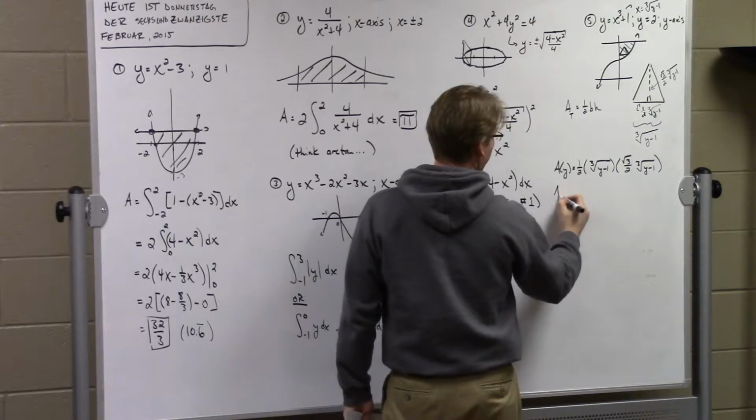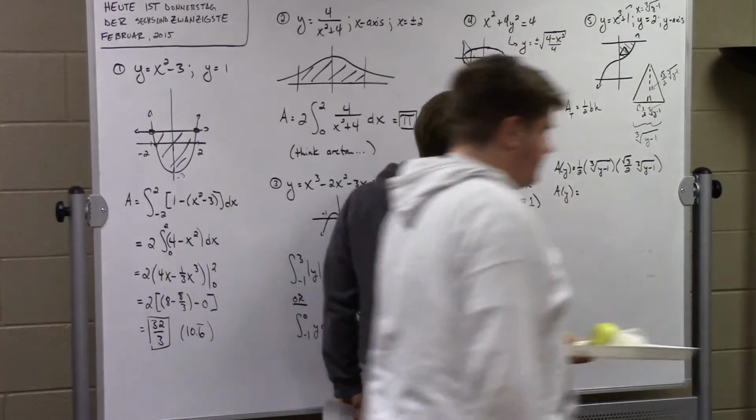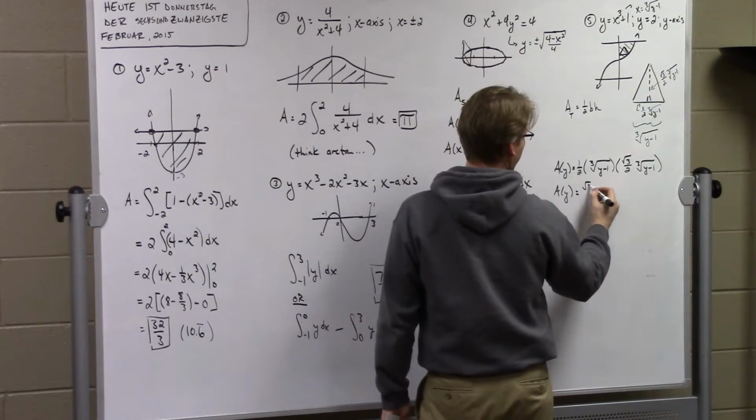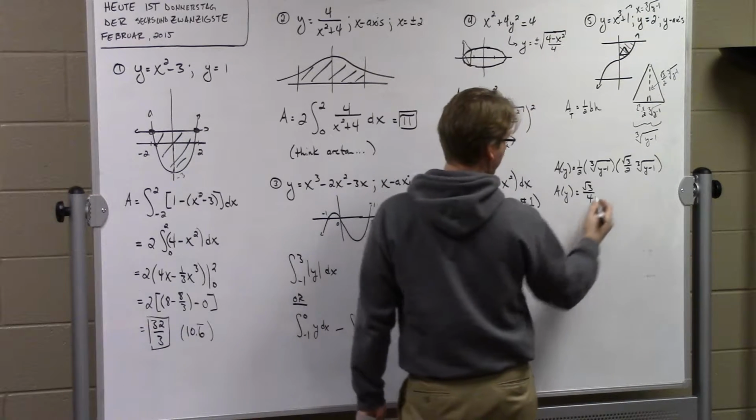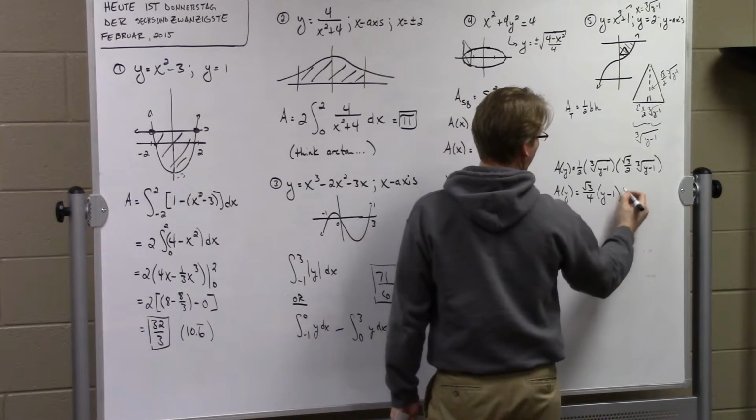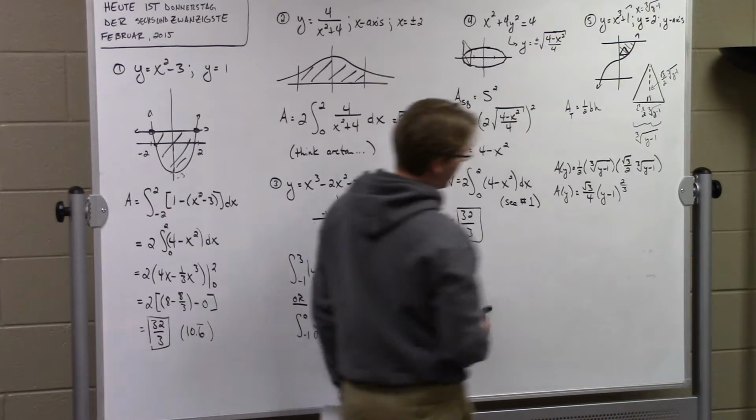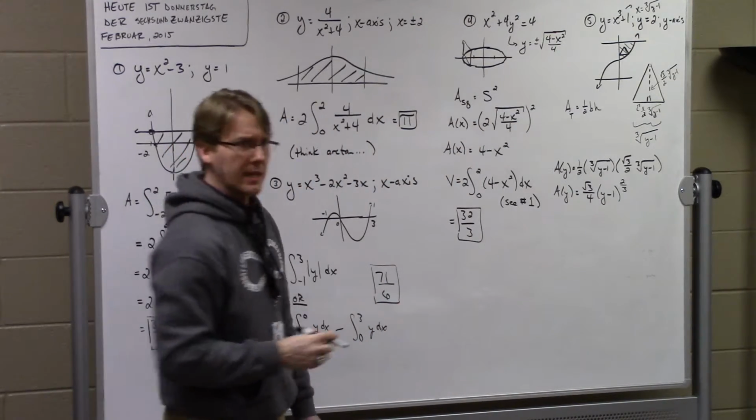Okay, if we put all the numbers together, you will get square root of 3 over 4, and this is going to be y minus 1 to the thirds. That's about as clean as you can get it.